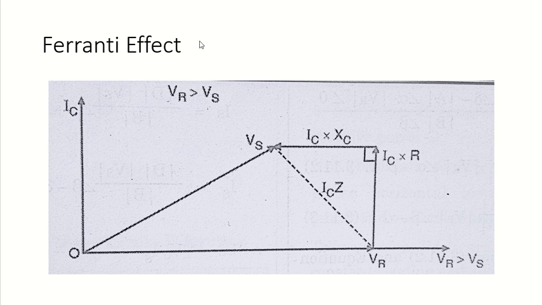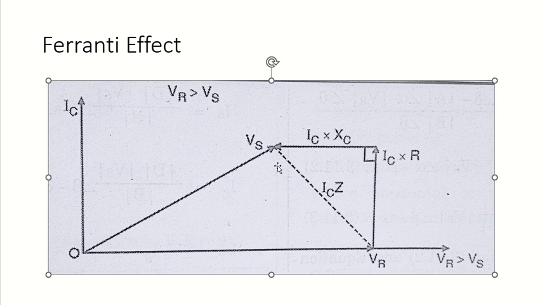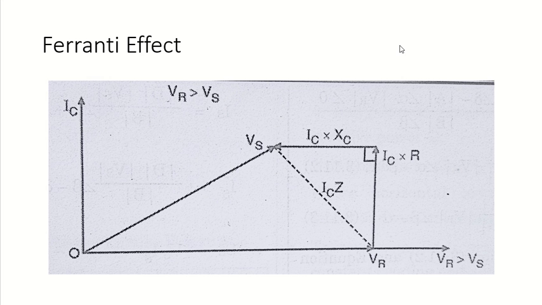Then the resistance drop, IC into R, will be in phase with IC, and the voltage drop IC XC will also be 90 degrees from VR, right? As you can see, we are taking VR as a reference, and then IC, which leads VR by 90 degrees. If you draw VS, the length of the VS vector is shorter than the length of the VR vector, which means the amplitude of VS is less than the amplitude of VR.